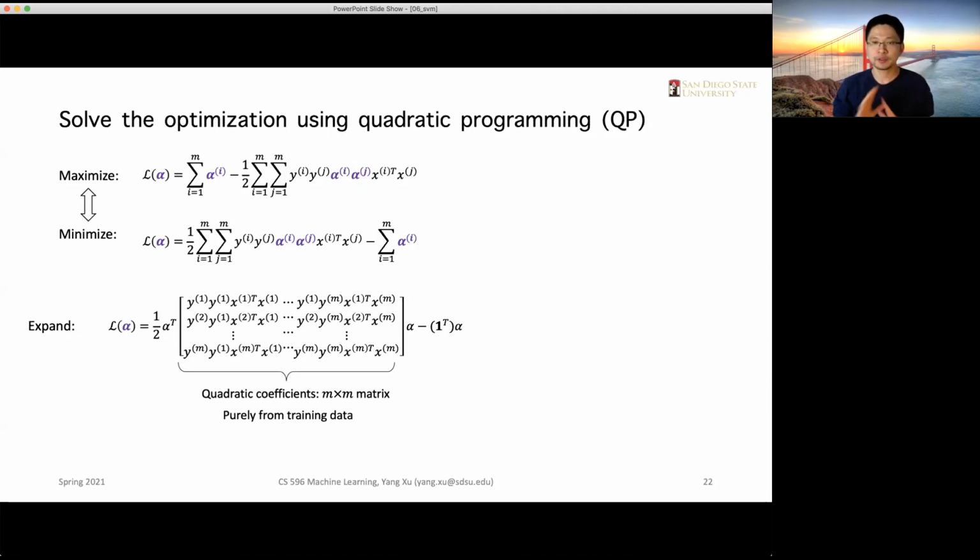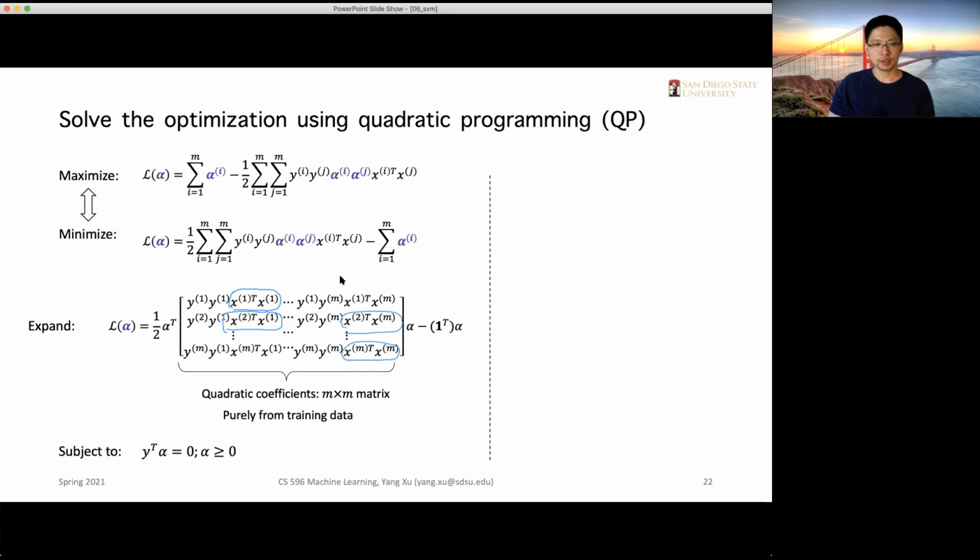Whenever we have a training data set with m examples, we can construct a very large matrix by computing the products between y of each instance and each other instance, and between x and each other instance. The products between x are inner products because x are vectors. You see the first term is always transposed.